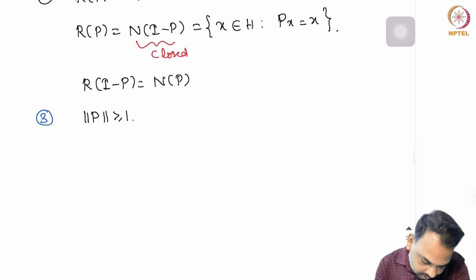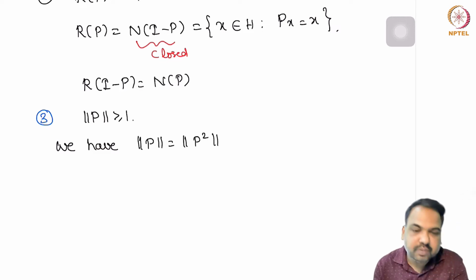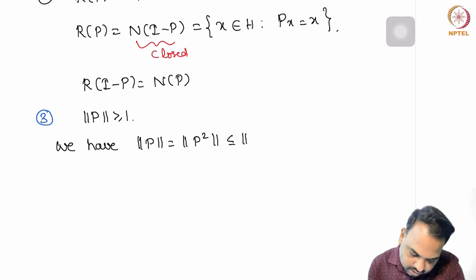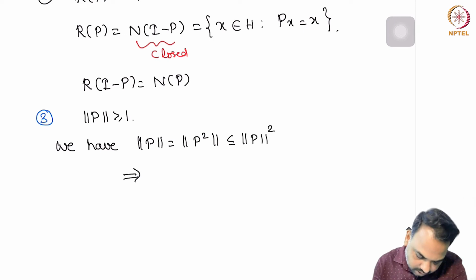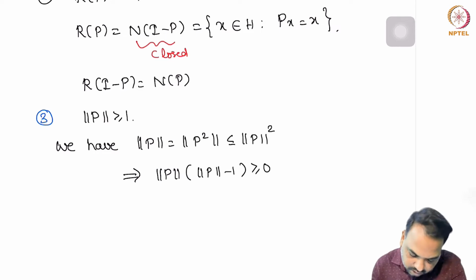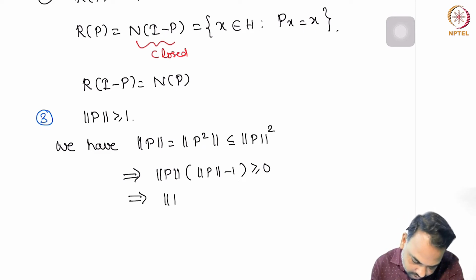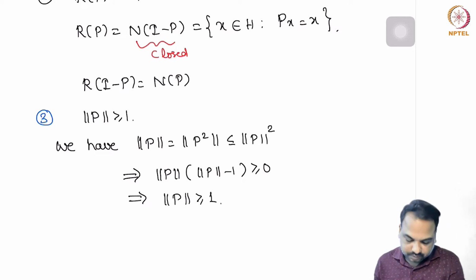That is because norm of P is nothing but norm of P square, which is less than or equal to norm of P into norm of P, that is norm P square. So this implies that norm P into (norm P minus 1) is bigger than or equal to 0, so norm P should be bigger than or equal to 1, because norm P cannot be 0. We assume that P is non-zero.